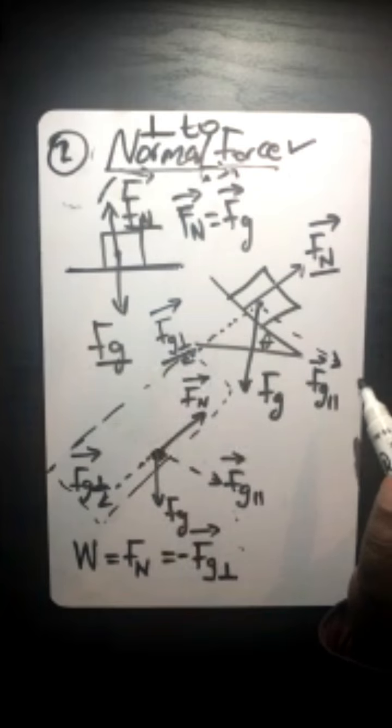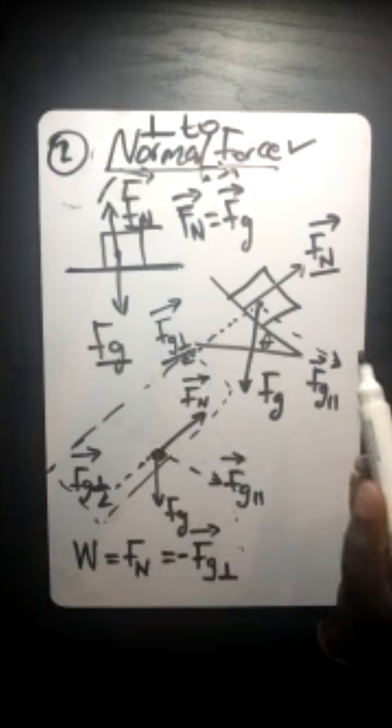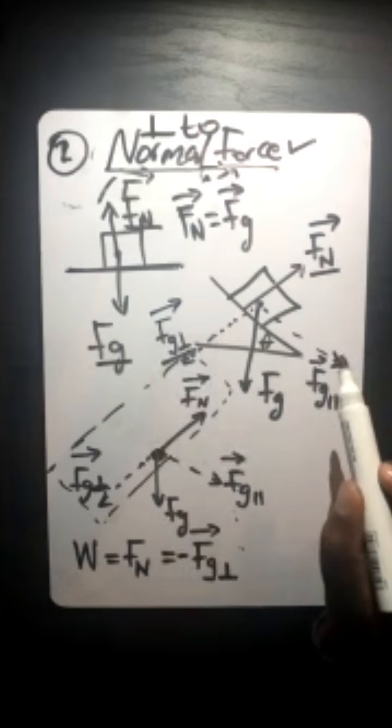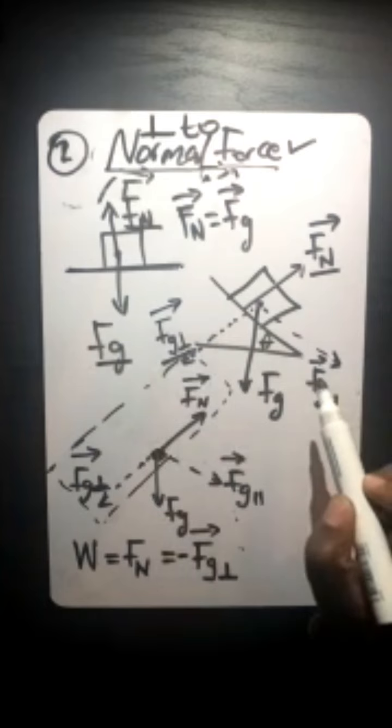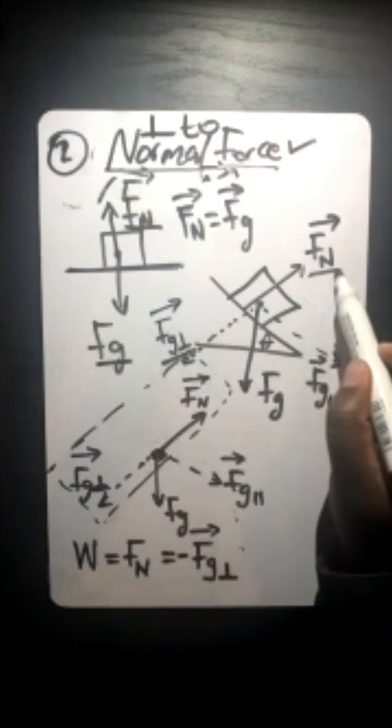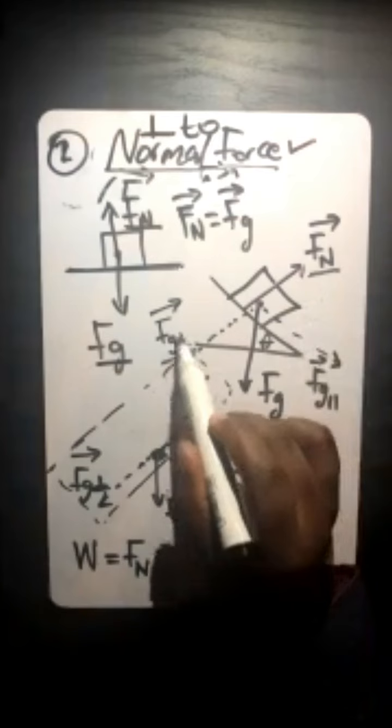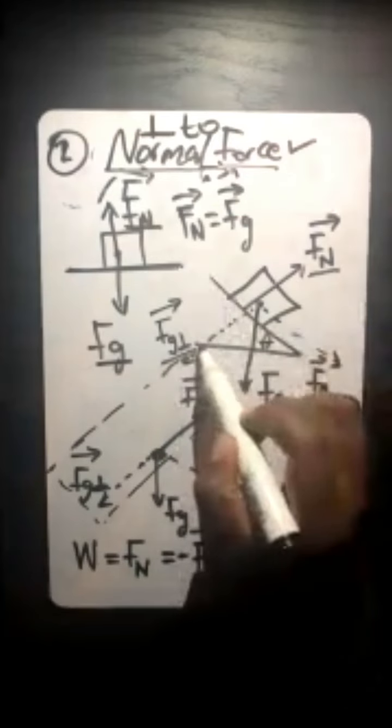So I'm not sure if I answered your question, but what I was saying is a force normal cancels with force of gravity perpendicular on an inclined surface, but on a horizontal surface it's just force normal cancelling with force of gravity.